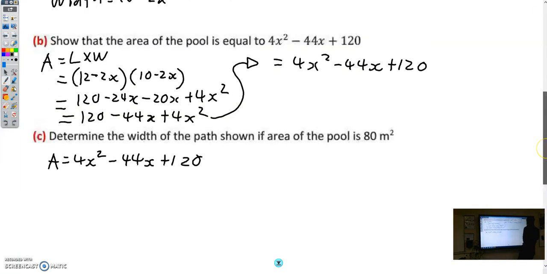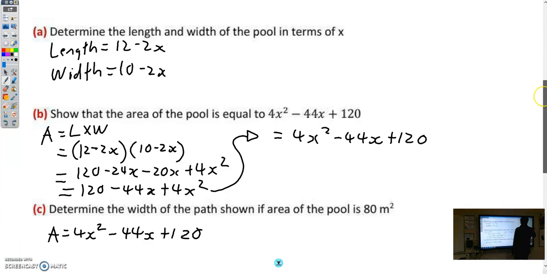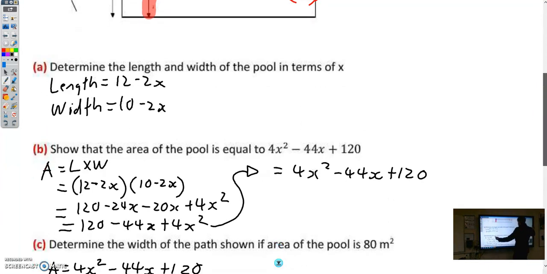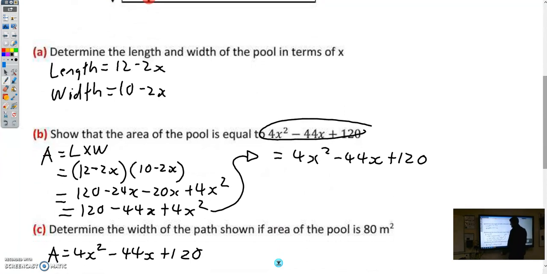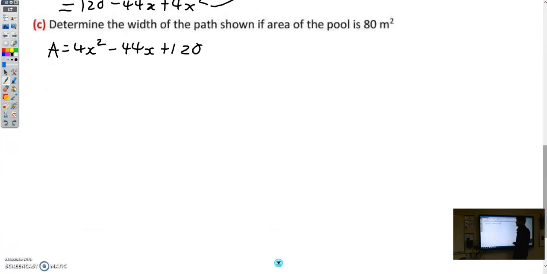We always check against the given formula rather than trusting to our own. At this point, we always work with the given formula, even if our own was different. Furthermore, if you couldn't answer A or B, we can still use this formula to answer C. So always look further into the question in your assessment to see if you can answer any part of the question. Now, we have area equals 4x squared minus 44x plus 120.